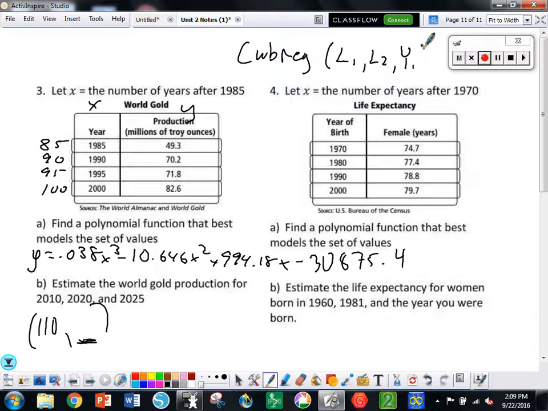Really? Ms. Boucher says that if you're already in L1 and L2 here, you could just do Y1. But I like this. Then close the parenthesis. Hit enter. You should get the same stuff that popped up here.